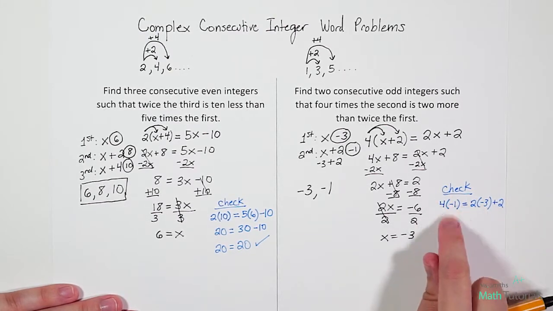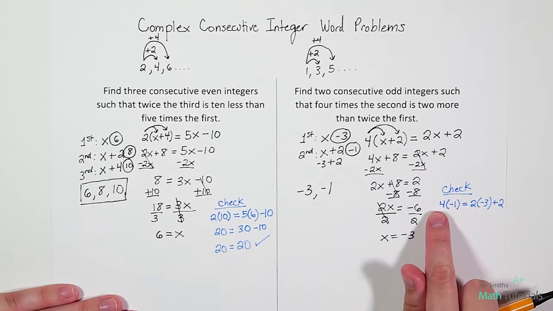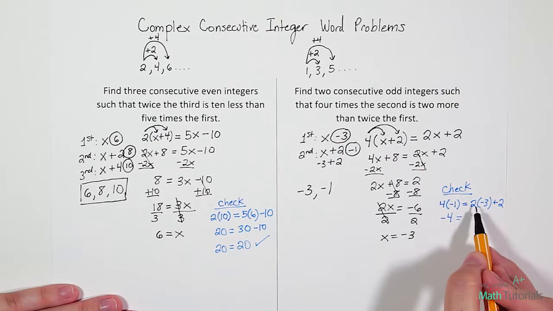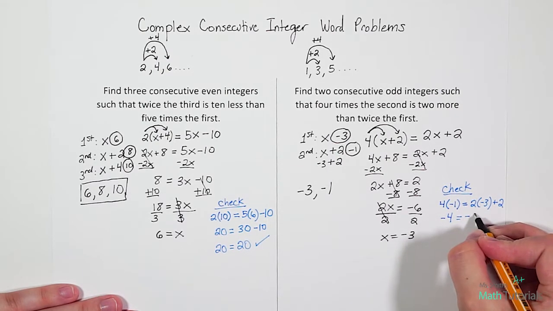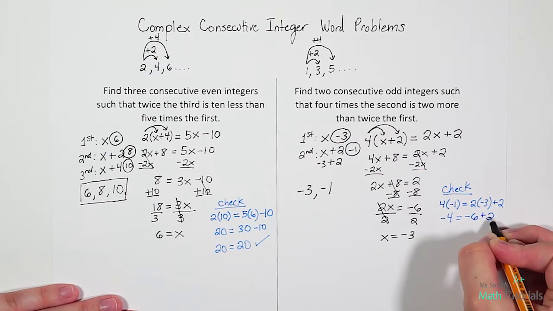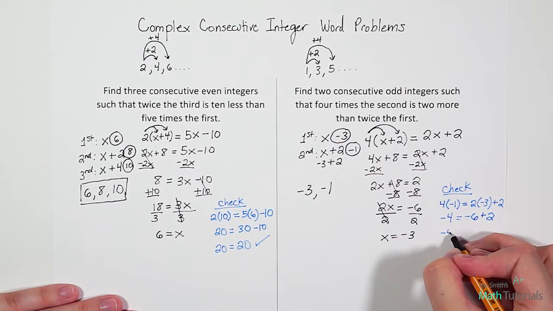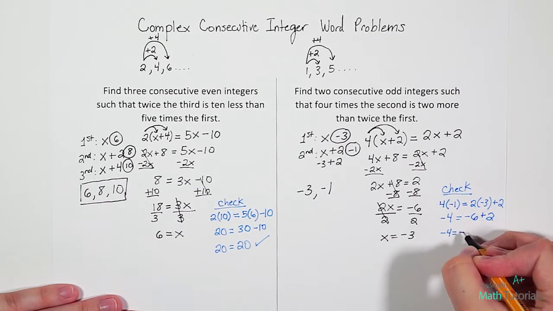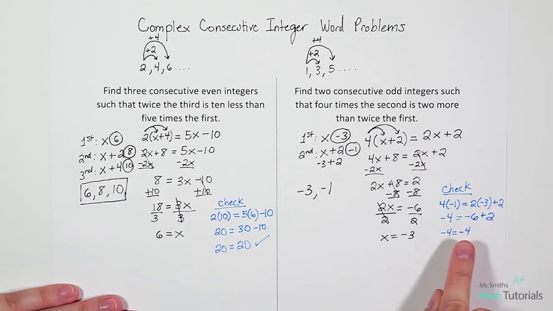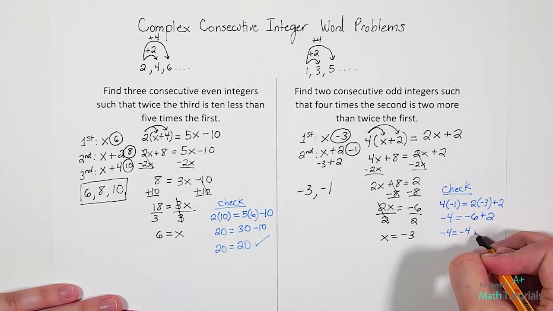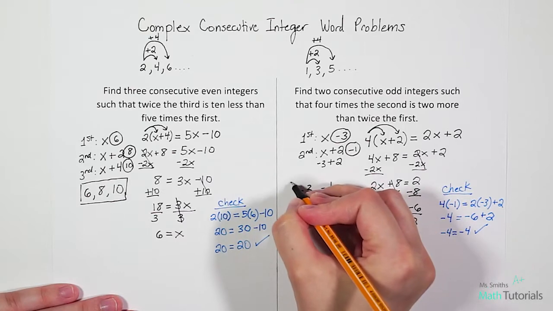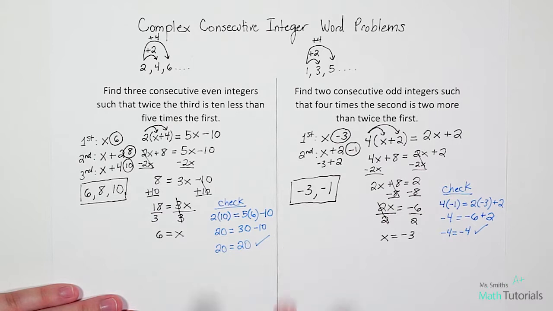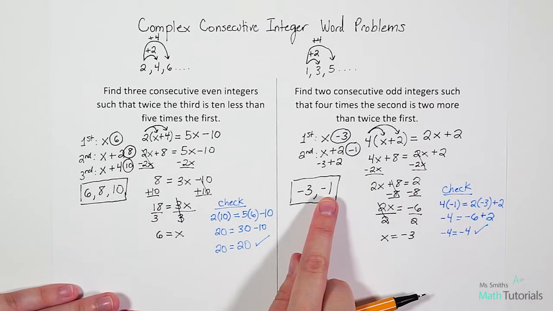So now let's simplify each of these sides and see if we get a true statement. 4 times negative 1 is negative 4. 2 times negative 3 is negative 6. And then we'll bring down our plus 2. So we've got negative 4 equals negative 6 plus 2 is negative 4. So does negative 4 equal negative 4? Yes. So now we've checked our answer and we're sure that our two consecutive odd integers are negative 3 and negative 1.